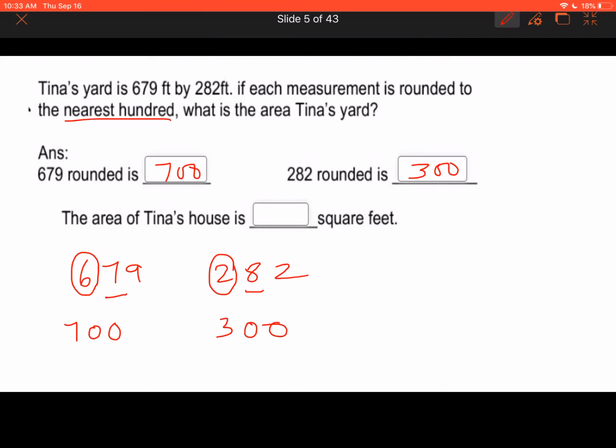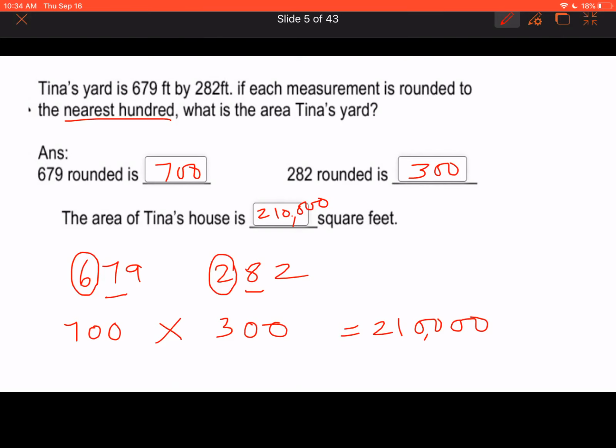And the area of Tina's yard, how to find the area, is that we have to multiply both the values that are given in the question. So which is going to be 21, so 210,000 square feet is the area of Tina's yard.